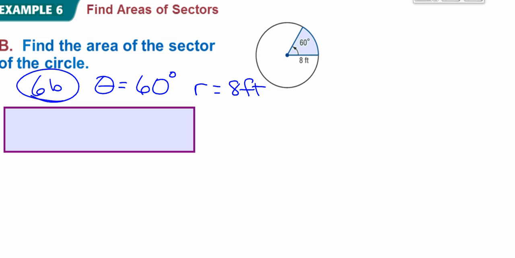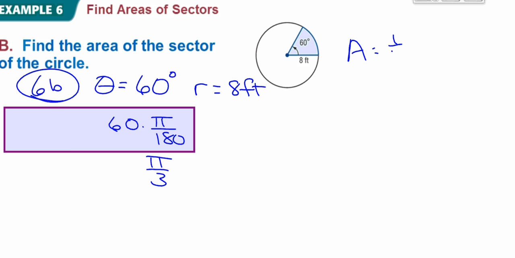Anybody know off the top of their head what 60 degrees is in radians? As time goes on, we're going to want to know those 0, 30, 45, 60, 90 angles in radians. And so 60 goes into 180, so pi over 3 is our angle.